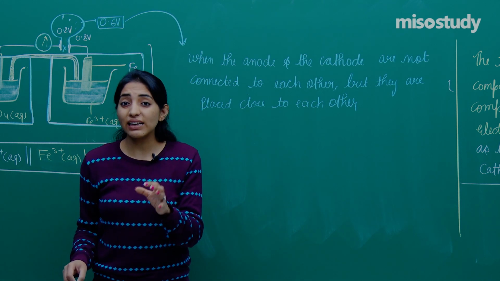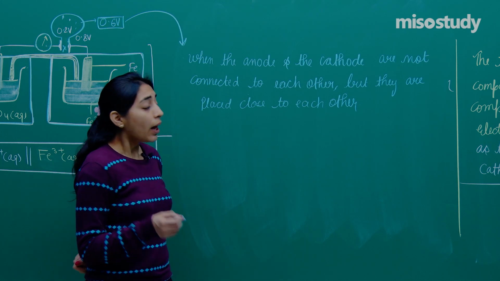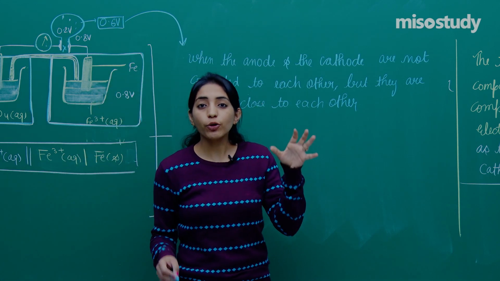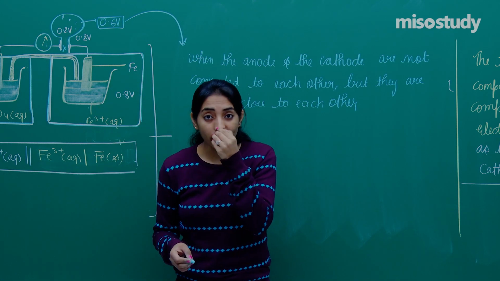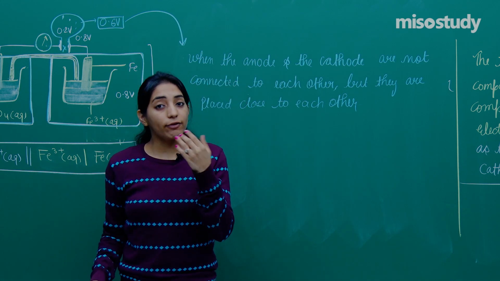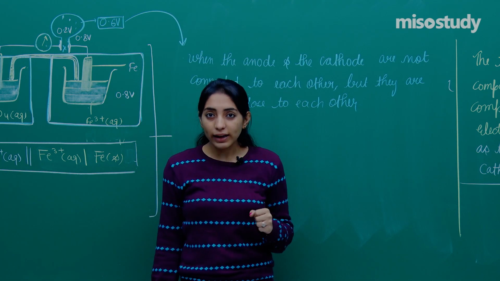So it will lose its electron till the point a potential difference is developed, right? But that potential difference will be developed if and only if you are connecting it to the cathodic compartment as well, because we need the flow of electrons. If there is no flow of electrons taking place, you can't talk about them individually, right?